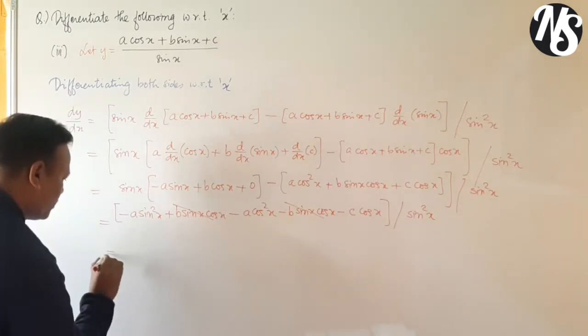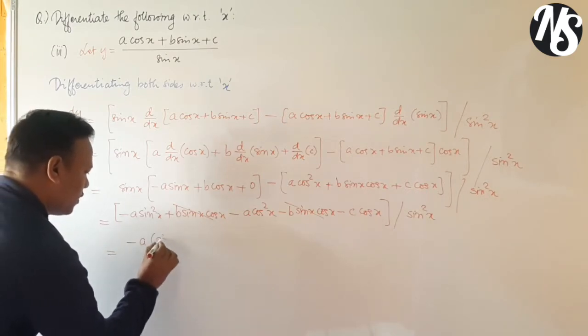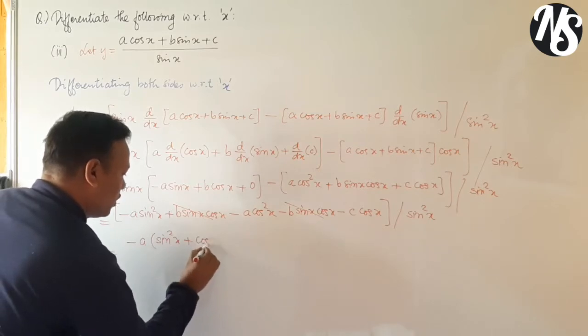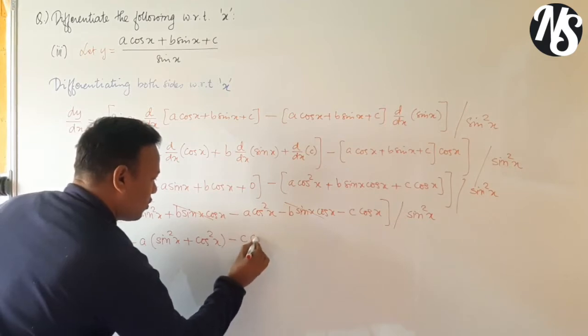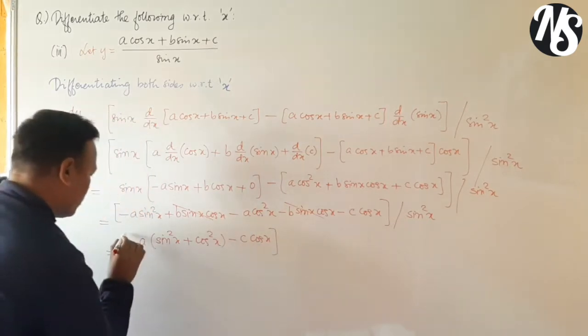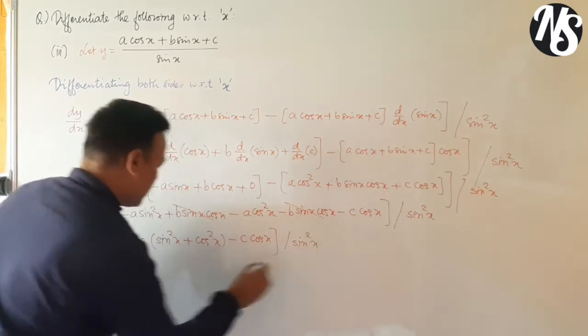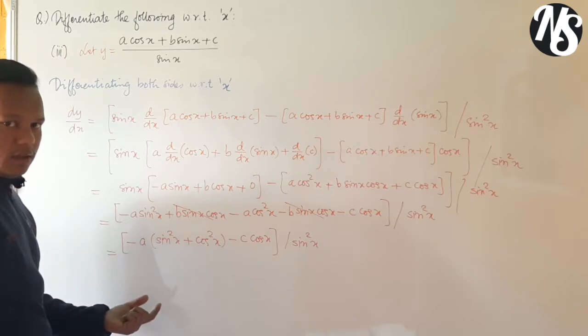If I keep minus a common here, then we get from here sine square x, and from here plus cos square x, and we are left with minus c cos x, divided by sine square x. Now how much is this? This 1 into a is a, right?